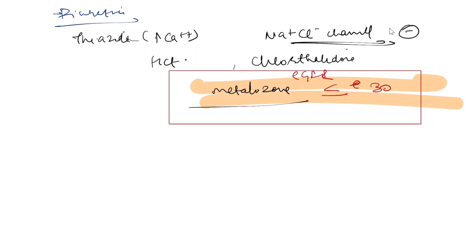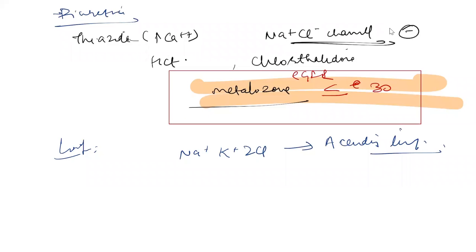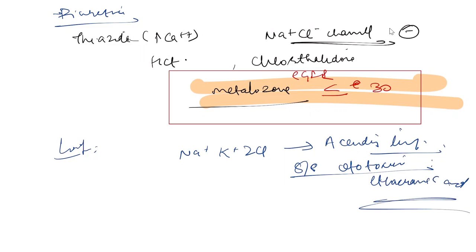Now, loop diuretics. They block the sodium potassium 2 chloride channel in the ascending limb of the loop of Henle. One important side effect is ototoxicity, which is most common with ethacrynic acid. One important thing about loop diuretics is their conversion.